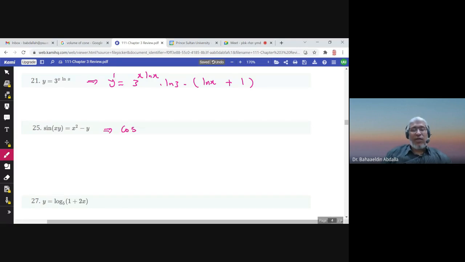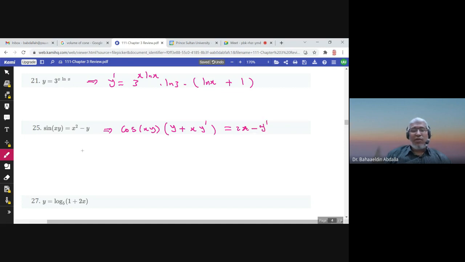This is an implicit differentiation. Derivative of sine is cosine times now the derivative of x times y, which is a product. Derivative of x is 1 plus derivative of y is y prime. 2x minus y prime.